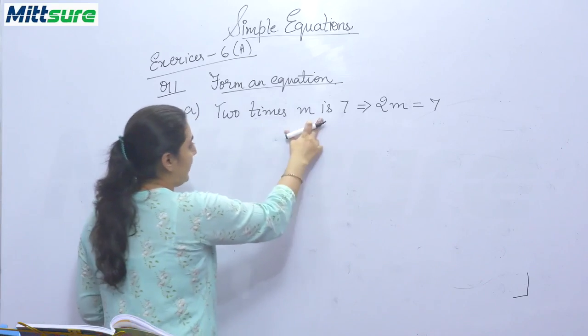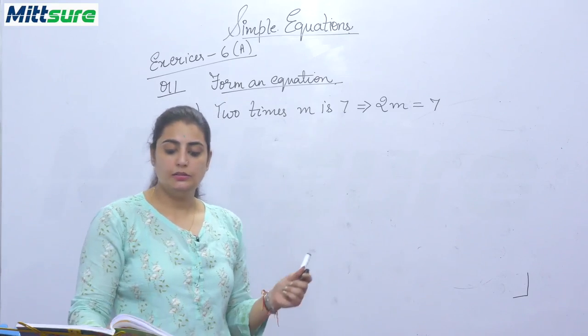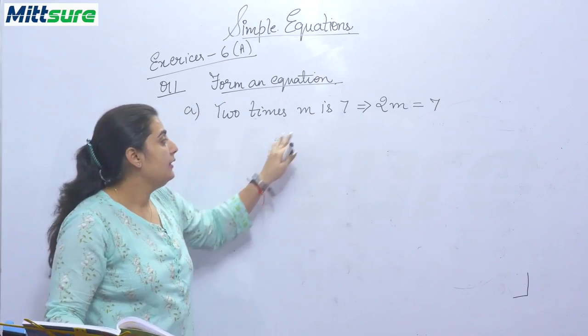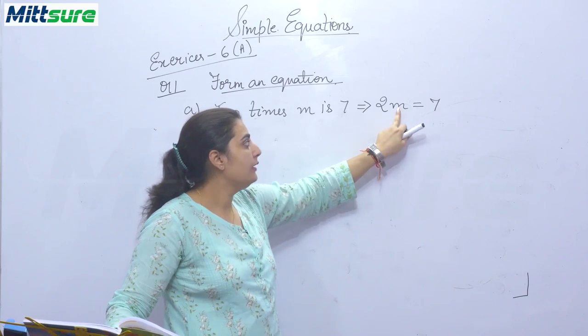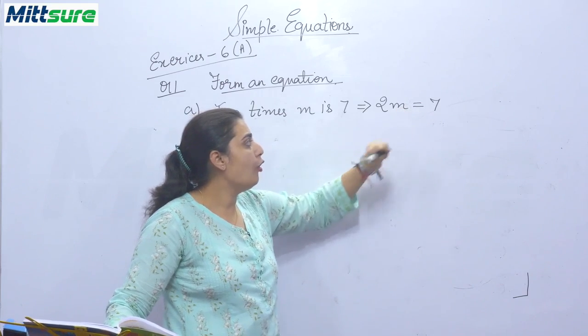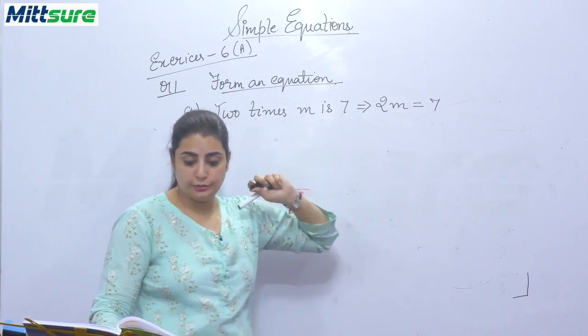Now, 2 times m is 7 means that you have to find the value of m for which 2 times m gives 7. So you have to find the solution.